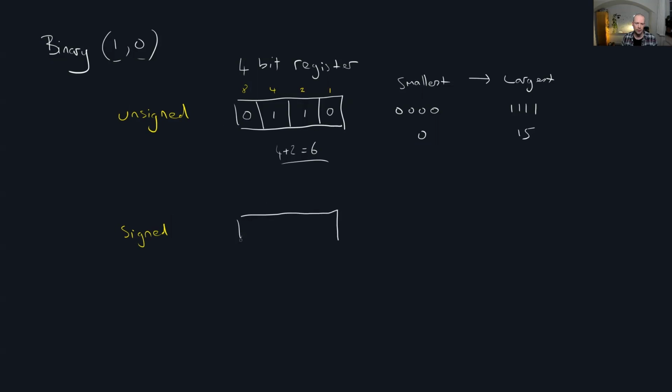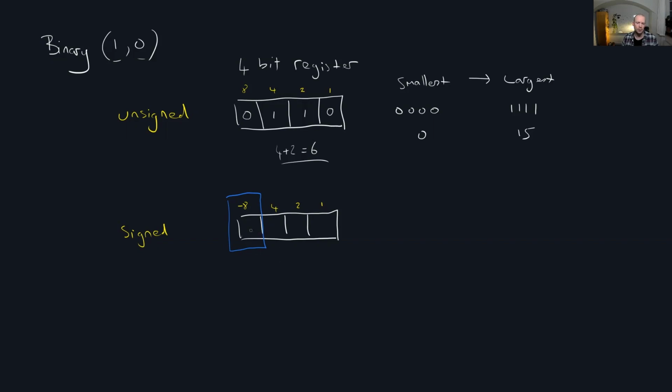This is all we've got. We've just got these registers that can hold 4 bits of information. And again, we do the same thing. This is going to represent the 1s, the 2s, the 4s, and the 8s. The difference is we sacrifice the last register and we say this is going to be minus this.